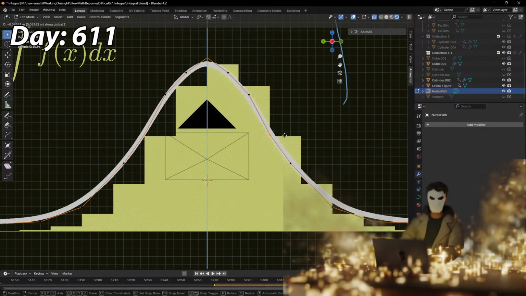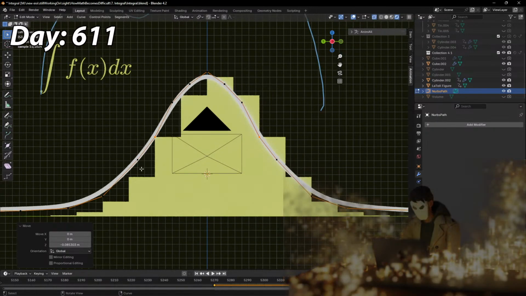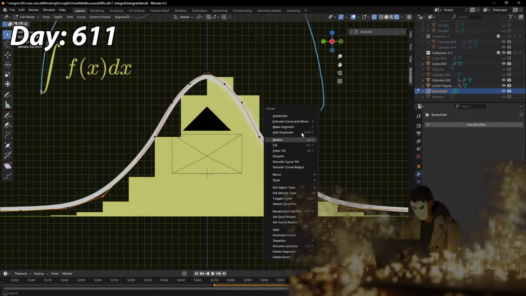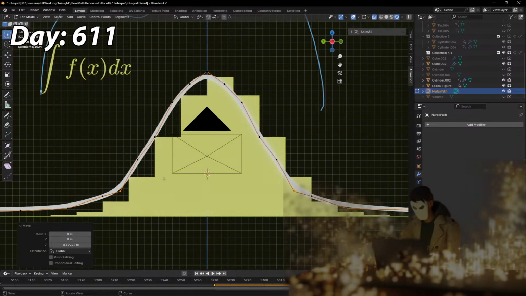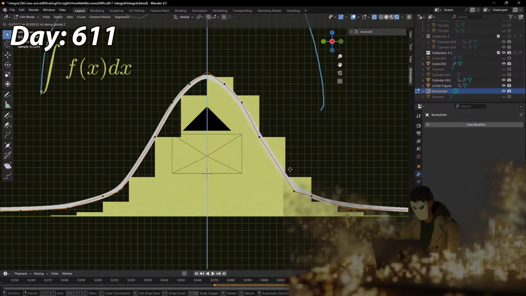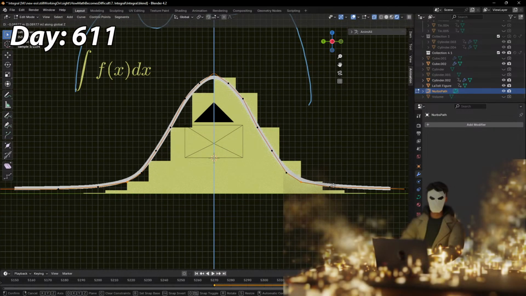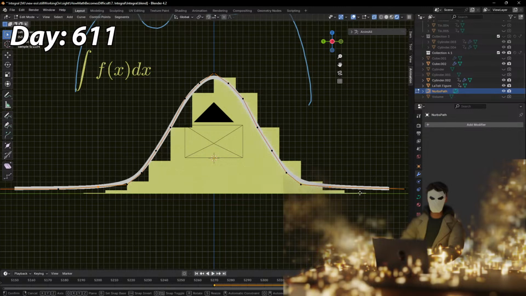Just feels a bit cheap to do it manually, but unfortunately you don't have access to the same tools for the curves. For some reason, those tools are only for meshes.